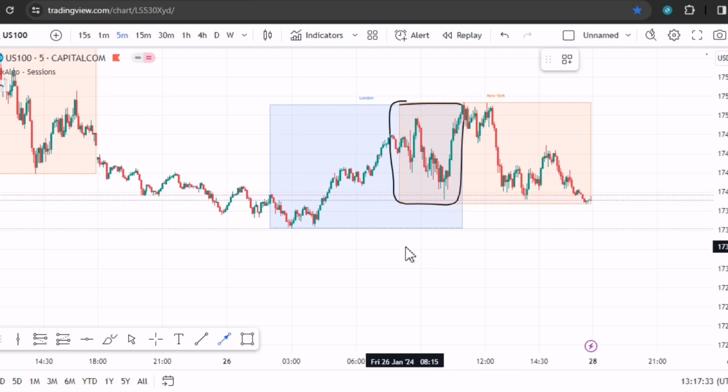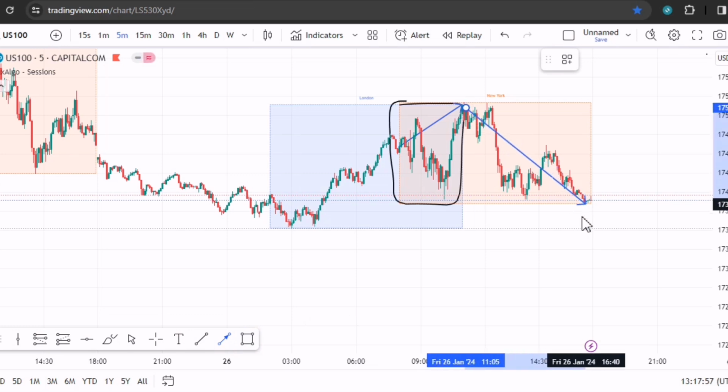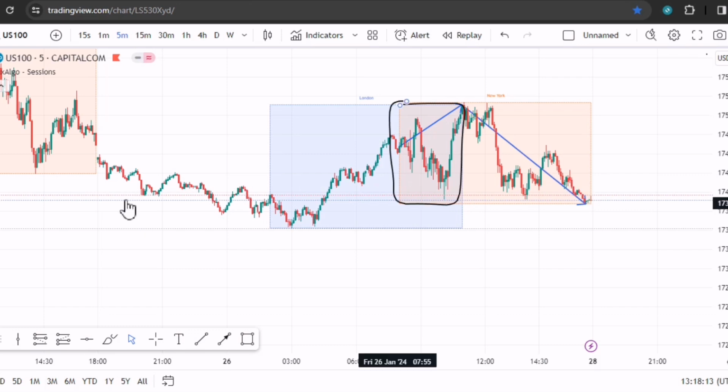What I observed is this: if you draw an arrow starting from the first candle of the New York session up to the last candle of the London session, if you draw an arrow like this, most of the time you find that the following part is going to move in the opposite of the line that you have drawn. If it's bullish here, this side is going to be bearish.